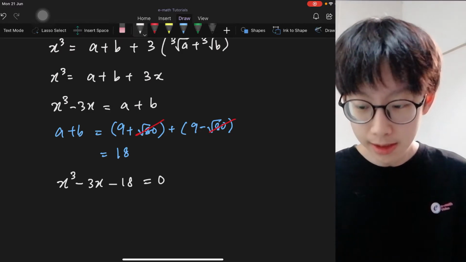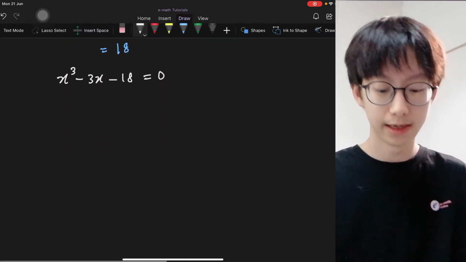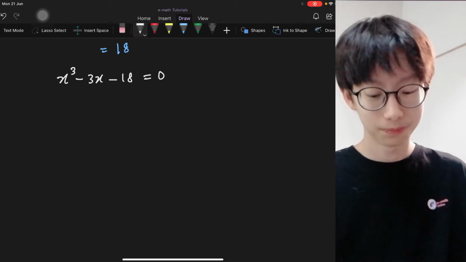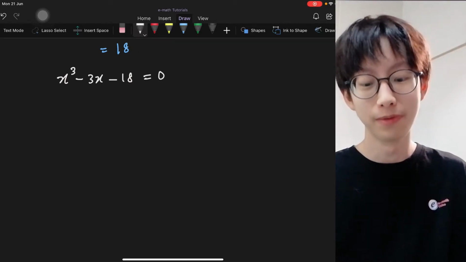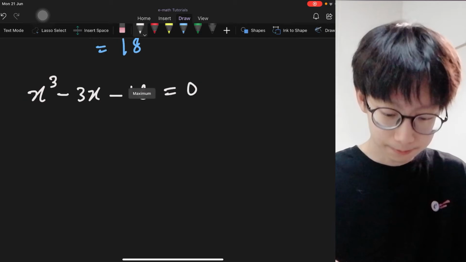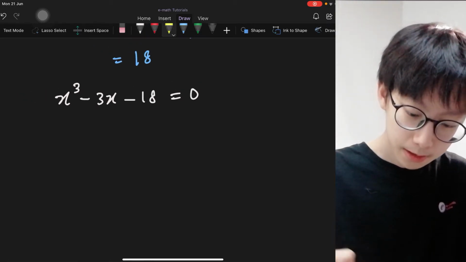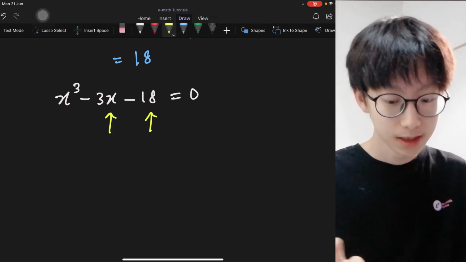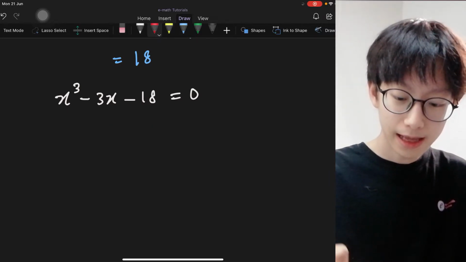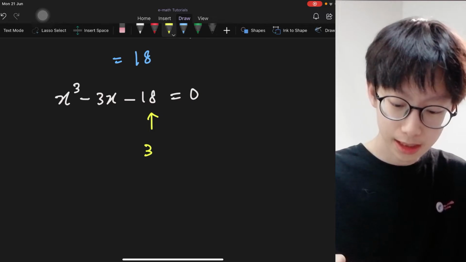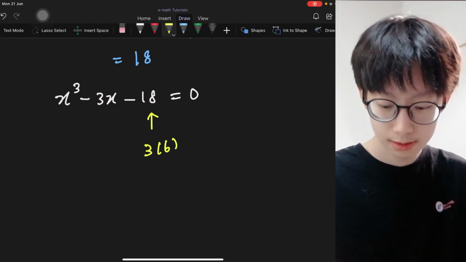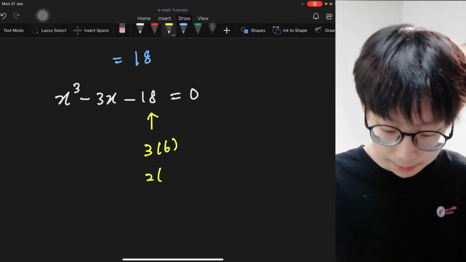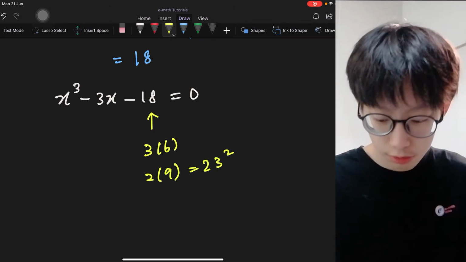So what you have to do here is just solve for x, and it is a cubic equation, but it is not a very bad cubic equation that you need to use the long formula for, because you can see that 18 is a multiple of 3. 18 is 3 times 6, and it is also 2 times 9, which is 2 times 3 squared.